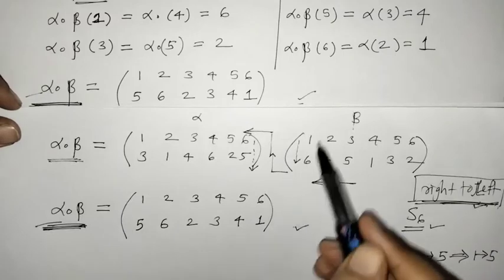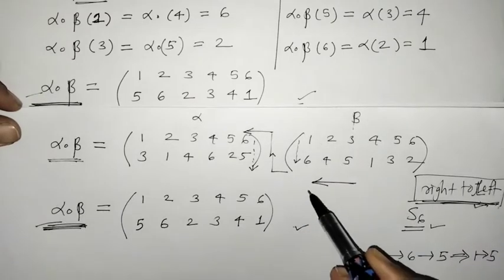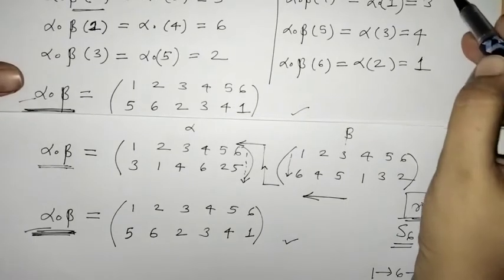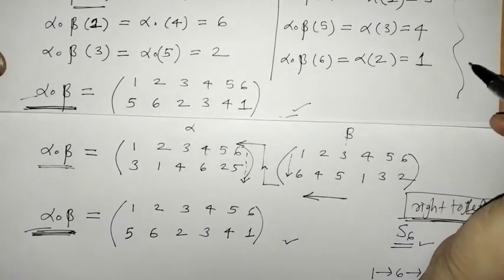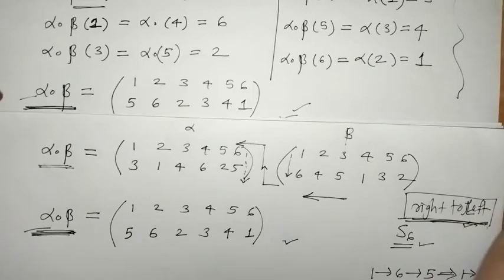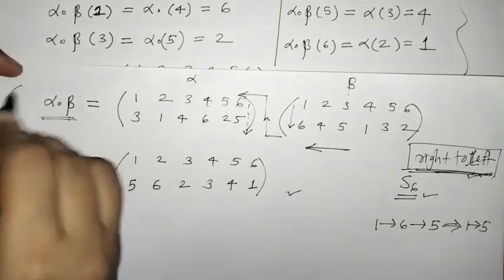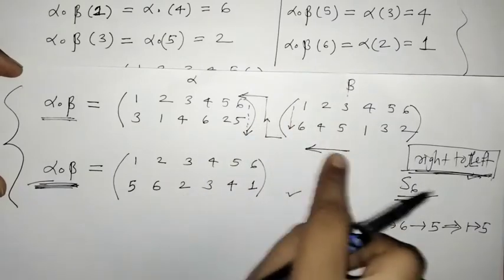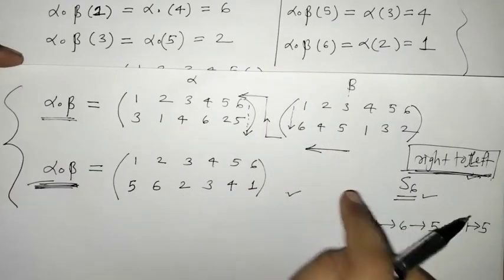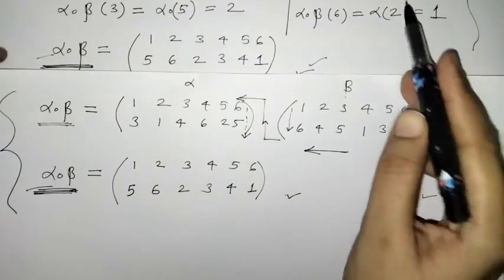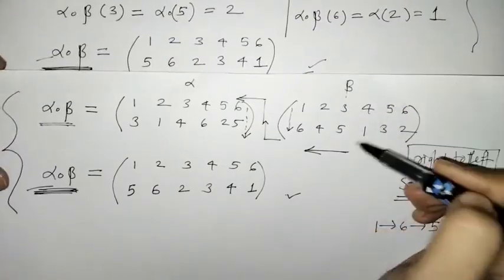Meaning both methods are the same. Just the writing practice is different, and this is to understand how the composition is carried out, right? So when we have to find a composition, we will use this method, right? And we have to understand that both methods are the same.